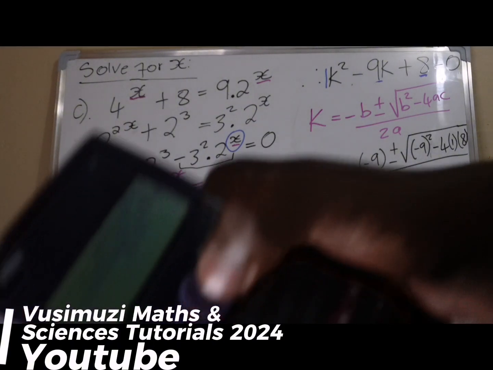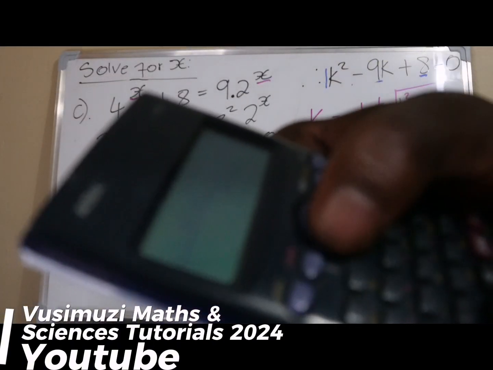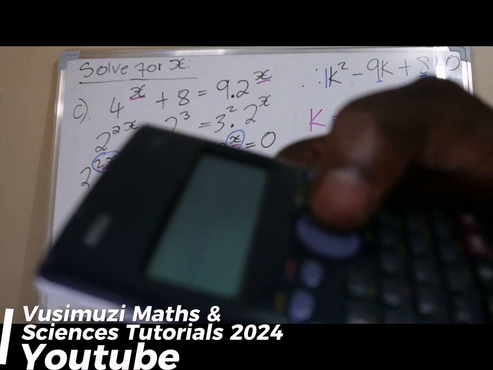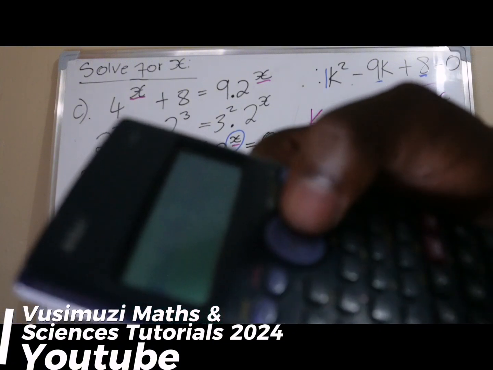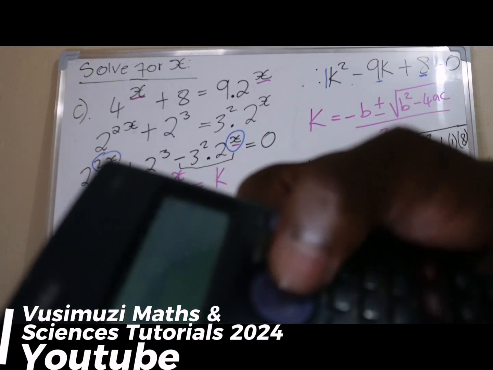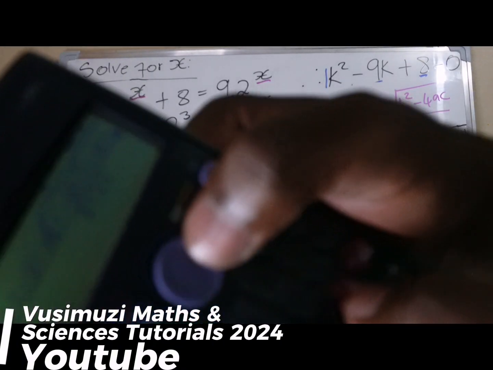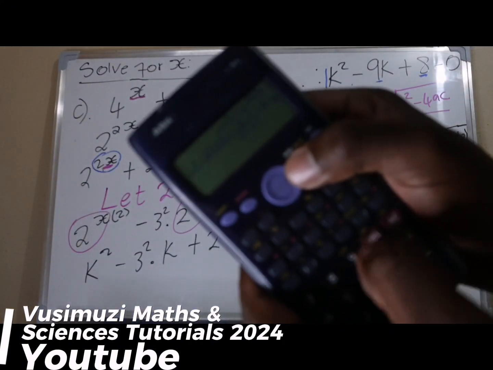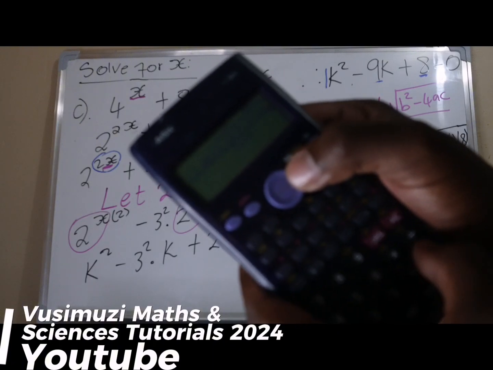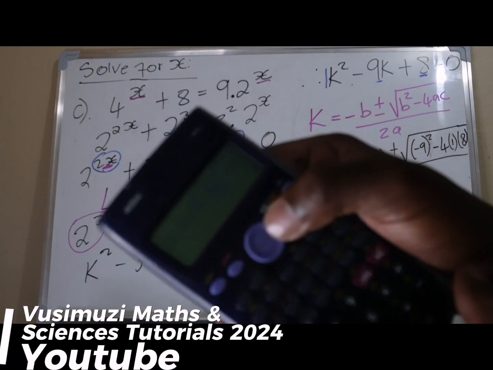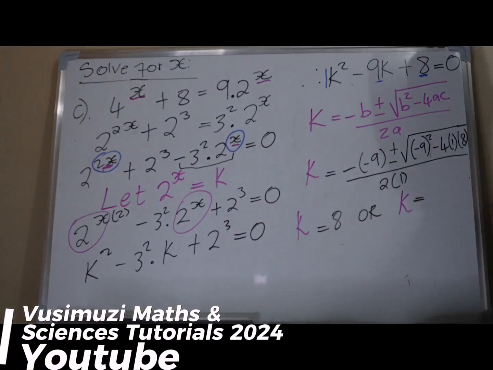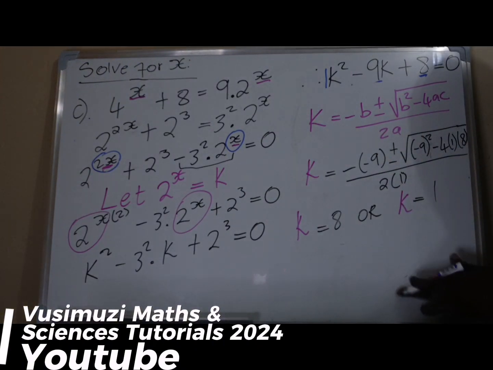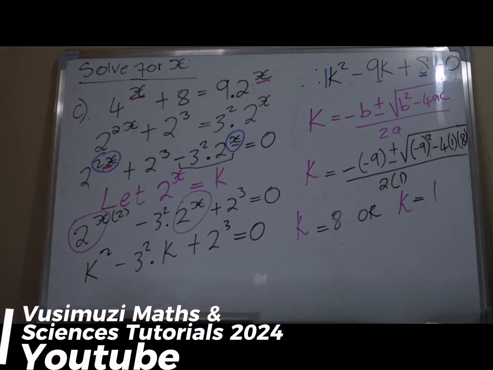You go back to the calculator, you just remove that positive sign and put in a negative sign. Yes, that's how you simplify quadratic equations. You remove that negative sign, you remove positive, put in negative there, then it's going to give you positive 1. K2 is equal to 1. I hope I'm clear on that one.